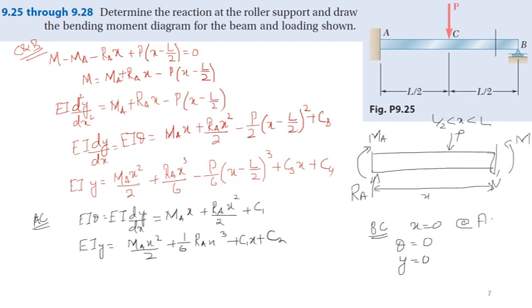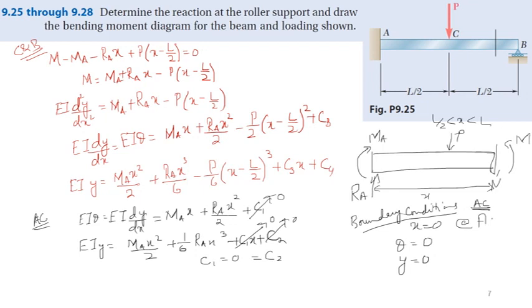Let me write these as the boundary conditions applicable for the curve AC. If we put these values, C1 is 0 and C2 will also be 0.